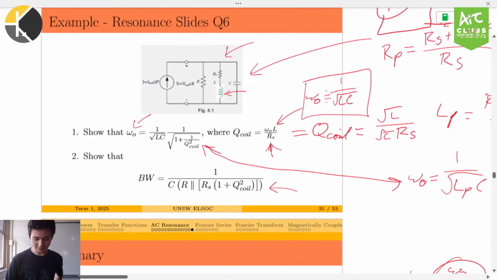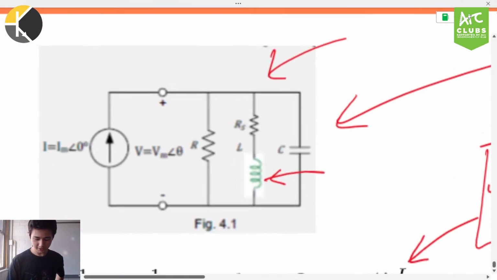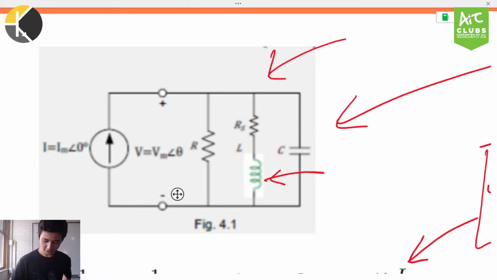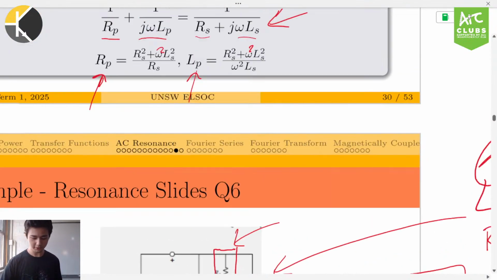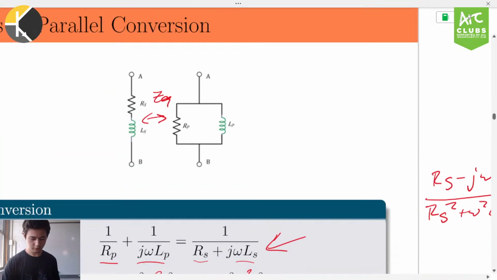Ah, okay, so it's a fair bit of conceptual work, just for online viewers. We're looking at these two nodes here. We have these two elements in series, and we want to analyze this in a bit of a parallel notion. So we have to find an equivalence to turn it into parallel.